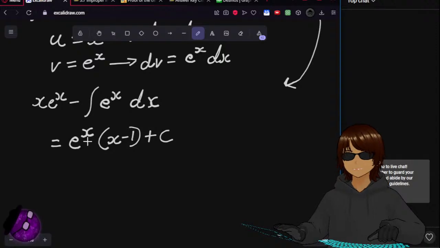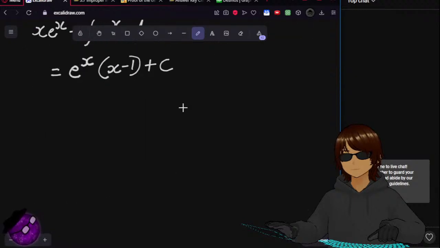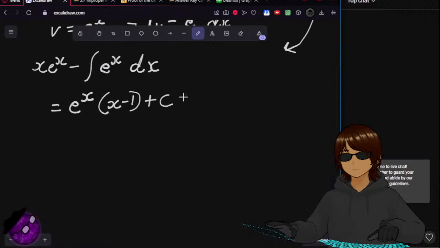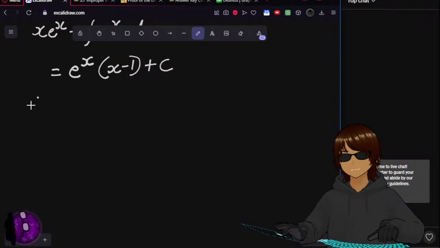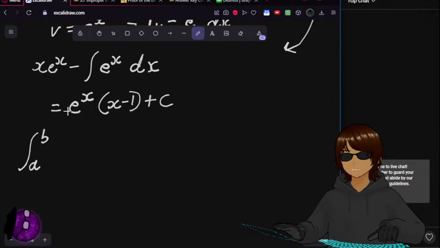If we derive this, derivative of the first takes the second, and never mind. Integral from a to b of x e to the power of x.